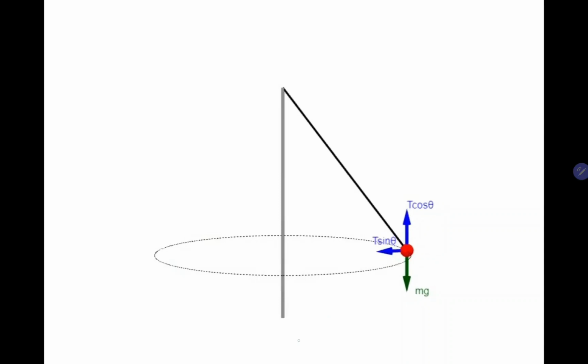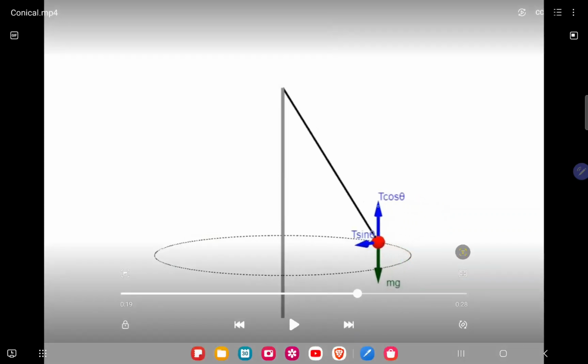Now to work with this, let's analyze the tension. If this is theta here, so this will be theta here. This is the tension. Let's just make it more different here.